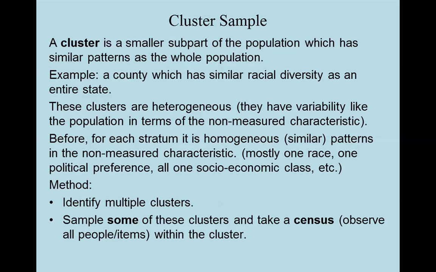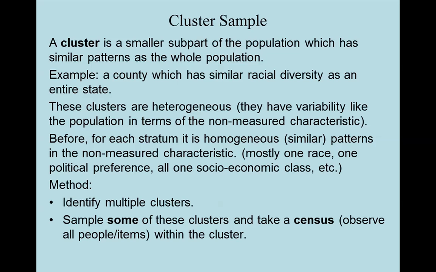The cluster sample. A cluster is a smaller subpart of the population which has similar characteristics or patterns as the whole population. An example might be a county which has similar racial diversity as an entire state. These clusters are heterogeneous. They have variability like the population in terms of some non-measured characteristic.